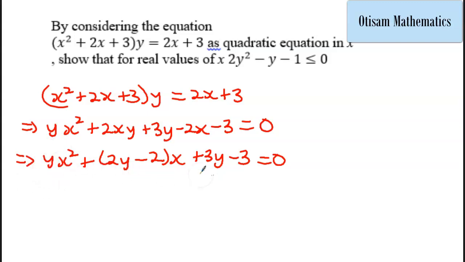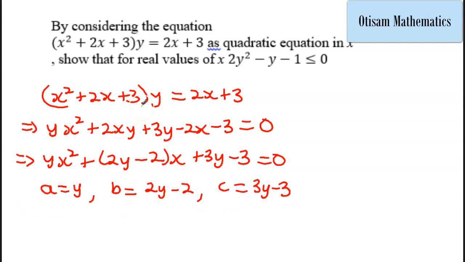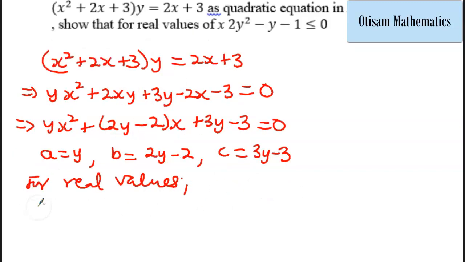When you compare it with the general equation, you realize that the leading coefficient, which is a, becomes y, and b, the coefficient of the middle term, is 2y minus 2, and then our c will be 3y minus 3. Now, for real values of x, b squared minus 4ac is greater than or equal to 0.